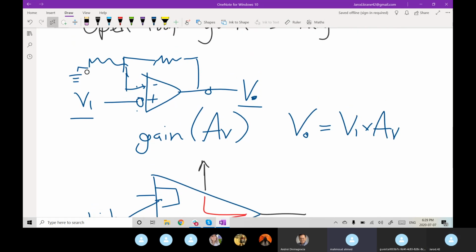So if we were to say that our input has a low impedance, so it has some low resistance value internally, and then we were also using very low resistance values, like a 50 ohm and then a 100 ohm. These are low resistance values.